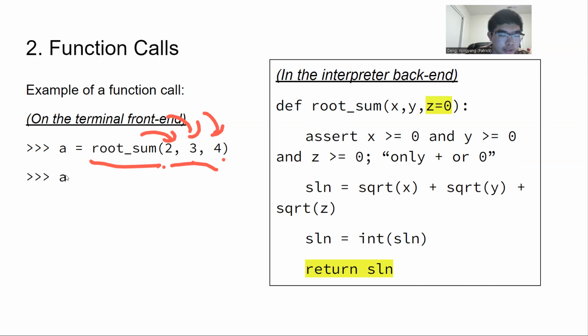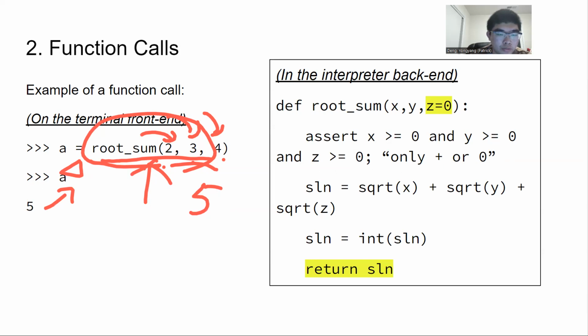Next time you type a, it binds the value and returns the value. According to the assign rule, there's an equal sign here, so you evaluate the stuff from the right. You go into the function, do the calculation, and after that you get the result 5, and then you bind the value 5 to a. So this is the assign rule.